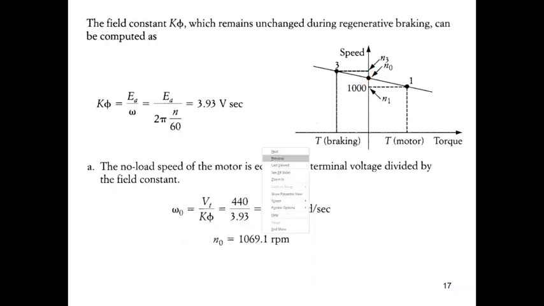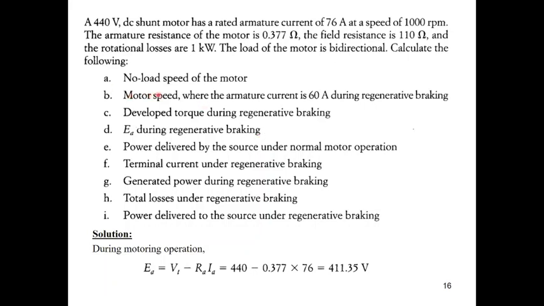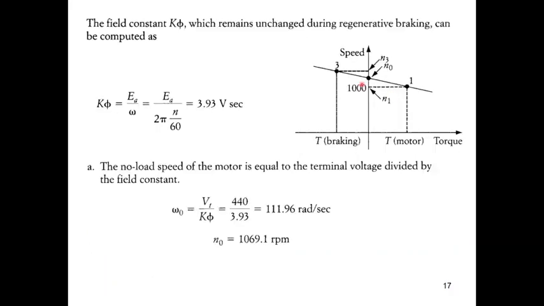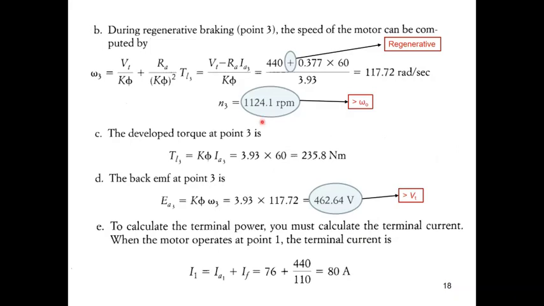The second part: what is the motor speed where the armature current is 60 amps during regenerative braking? Basically, regenerative means we are working in that quadrant. If the current is 60 amps, we need to calculate the machine speed.